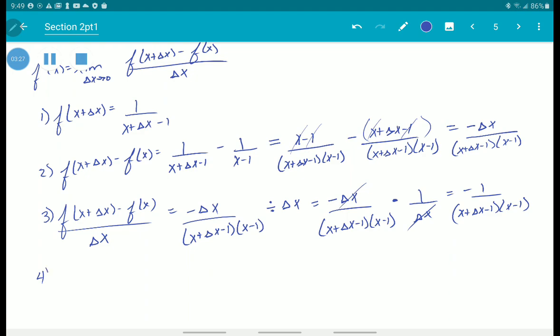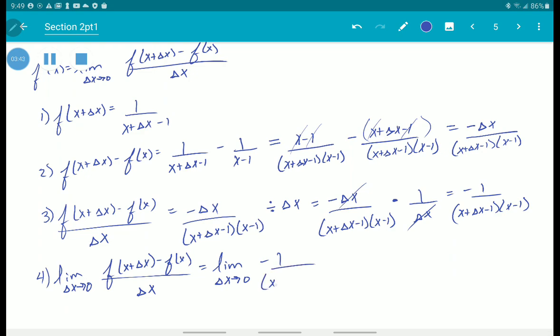And then our last step is to take the limit. And when we do that, that term is going to go to 0.